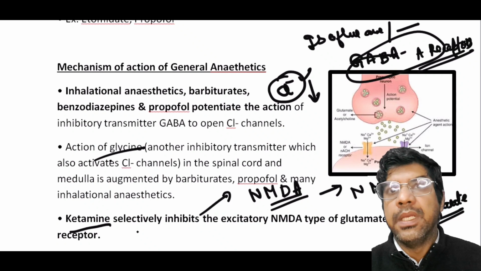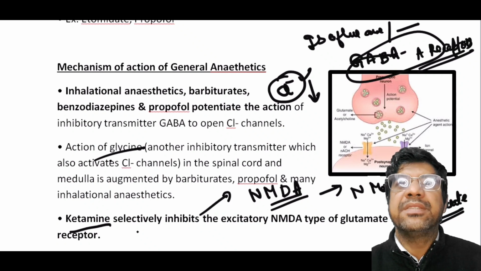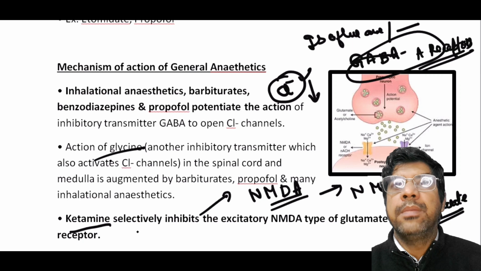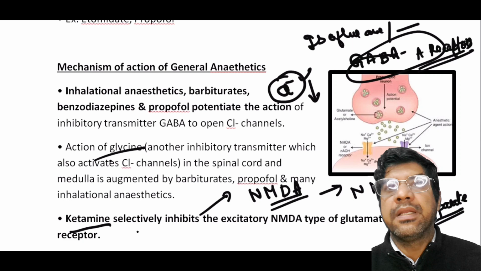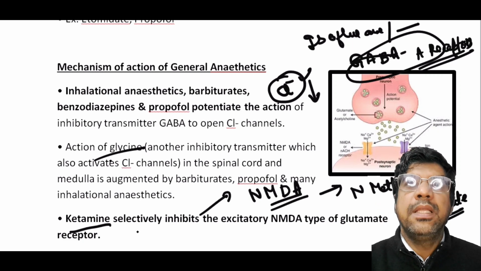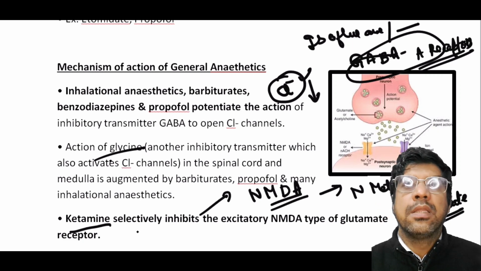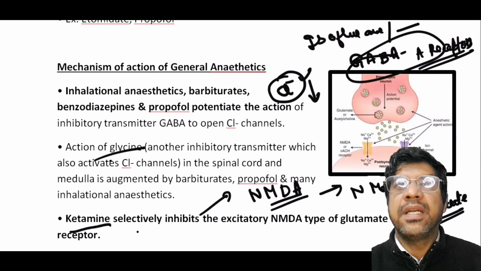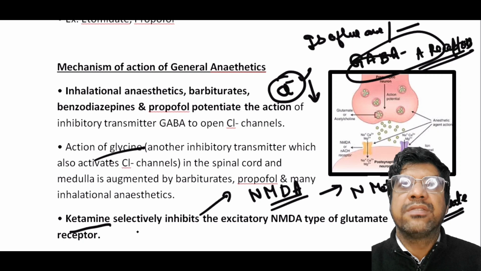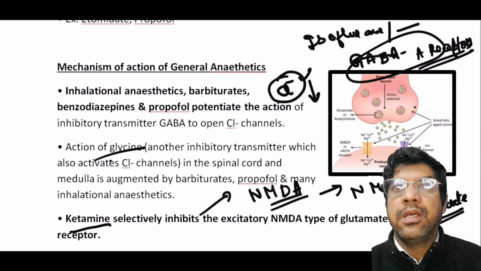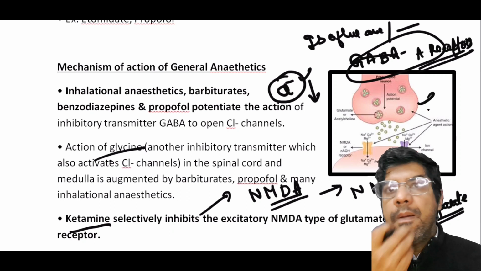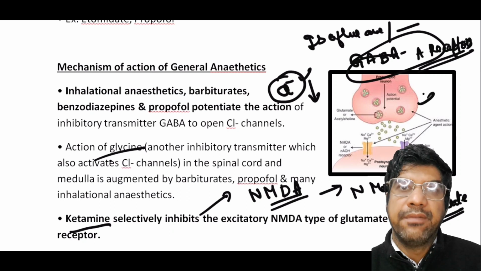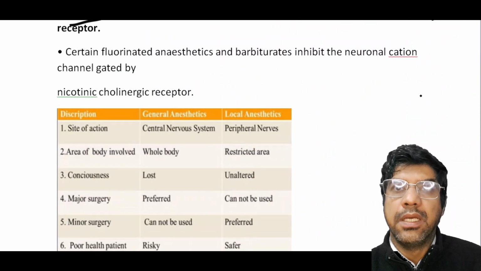It's ketamine. By blocking these receptors, ketamine inhibits the excitatory effect of glutamate, thereby preventing the influx of calcium ions and reducing excitatory neurotransmission. So these are the various mechanisms of the general anesthetics.